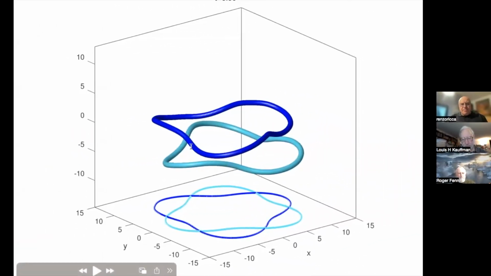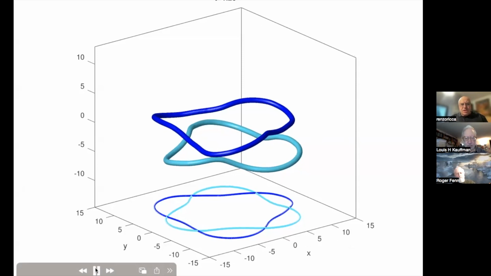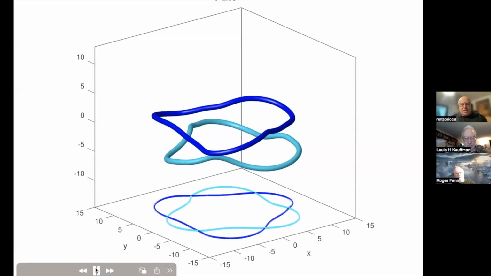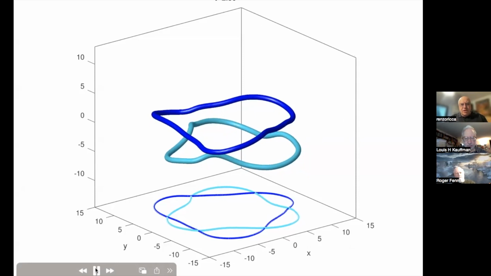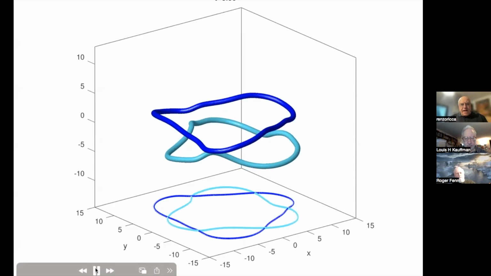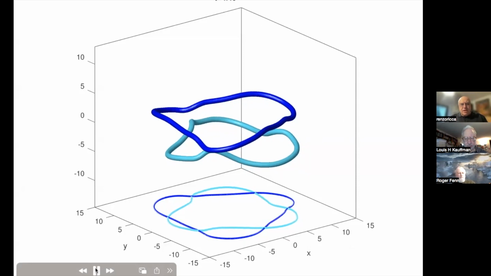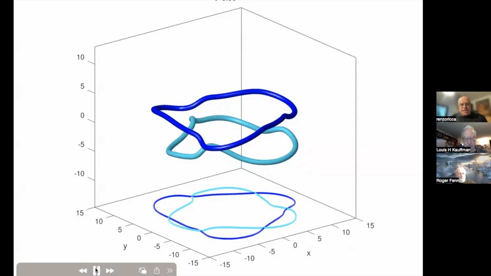So here, remember, we have two unlinked loops, and they're pretty well visible in this movie. I run the movie again, and remember, the business here is to break the symmetry of the system. If we break the symmetry, then you might expect, and indeed it happens, that reconnection takes place at one site only.